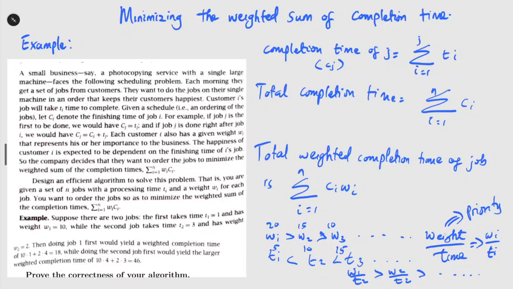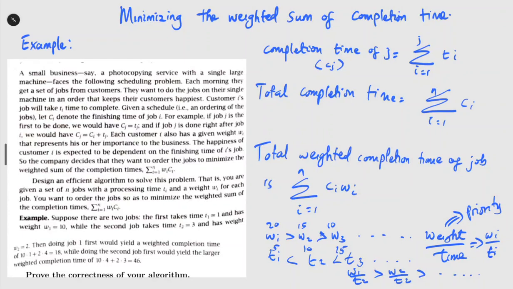So if we use the converse ratio, time over weight, for priority, we would have increasing order of T over W for each of the customers. That's just what we're saying. Okay, let's move on. So this priority is going to ensure that the summed weight of completion time is minimum.